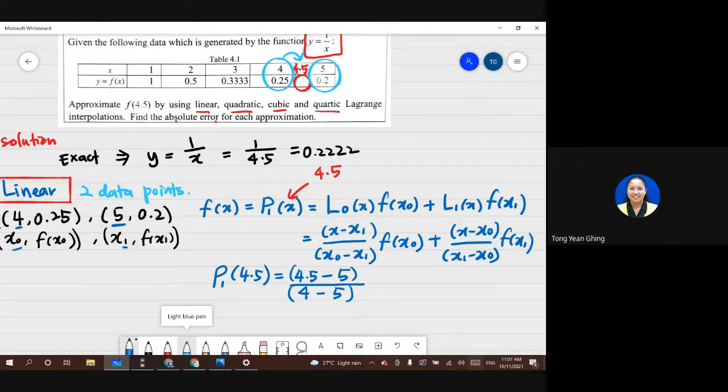Okay, f of x naught, this value, 0.25, plus x, which is 4.5, minus x naught, which is 4, divided by x1, which is 5 minus 4, times f of x1, that means 0.2.